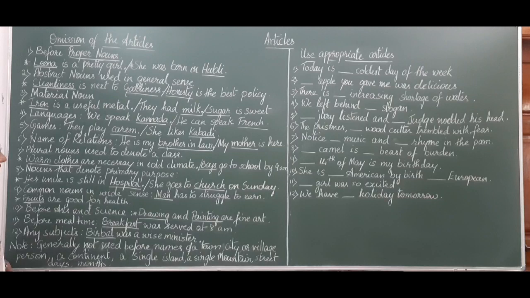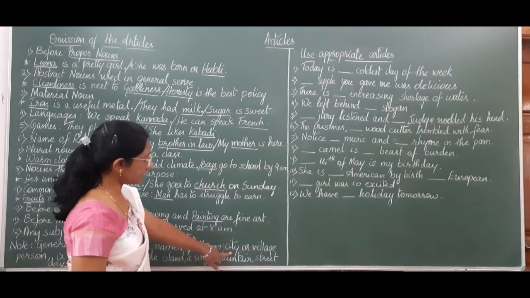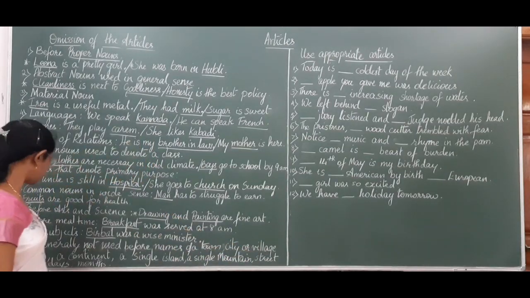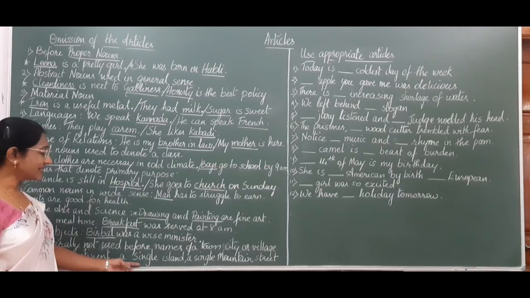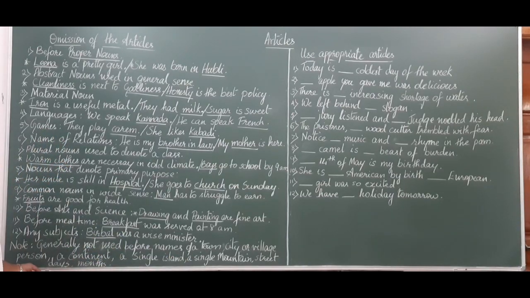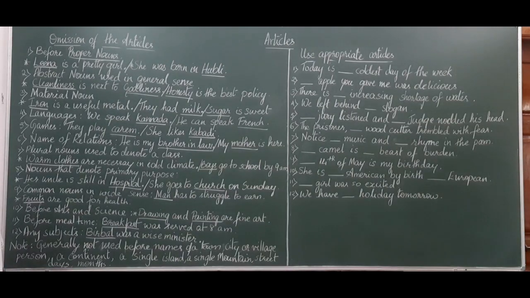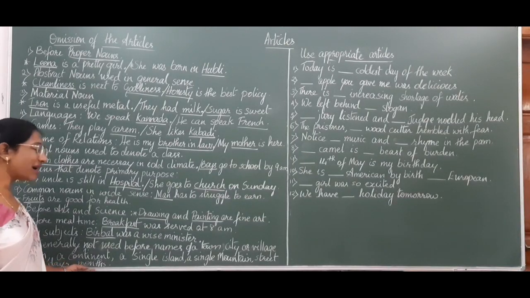Generally, we note here, articles are not used before names of a town, a city, a village, a person, a continent, a single island, a single mountain, or streets, or days like Sunday, Monday, Tuesday, Wednesday, Thursday, Friday, Saturday, and months.